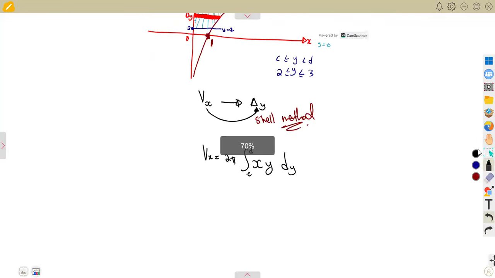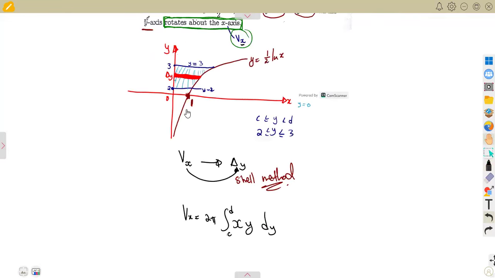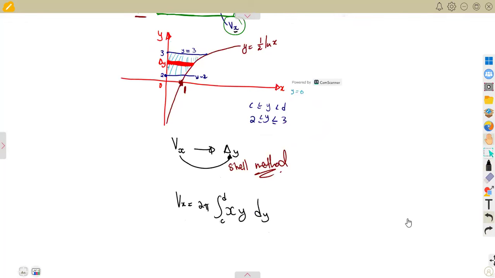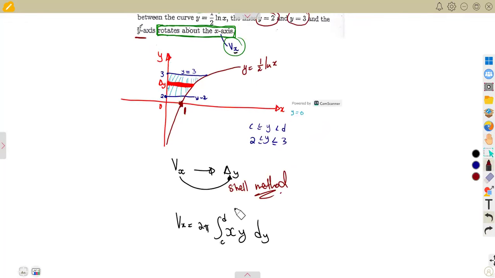So this one is just between the curve and the y-axis, so there's nothing to be done. What we need is to make adjustments on this formula. The x is supposed to be in terms of y, so it's a function of y.